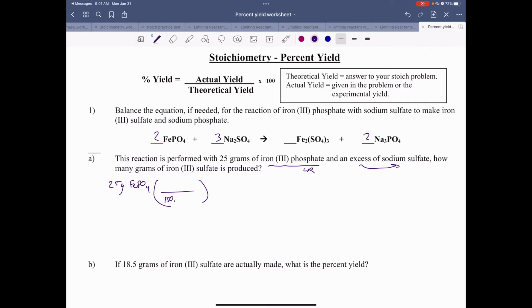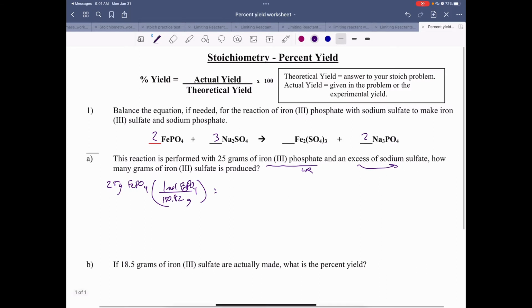So 150.82 grams for 1 mole of that stuff. So 25 grams divided by 150.82, I get 0.166. Again, I'm rounding to the thousandth because the number is so small. So 0.166 moles of FePO4.